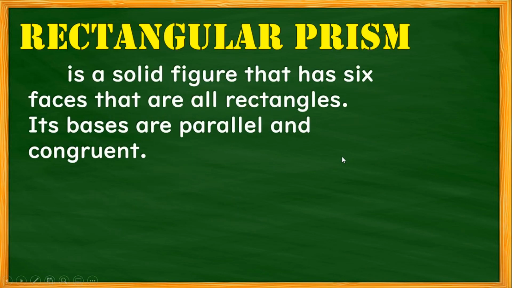So now let's define the rectangular prism. A rectangular prism has 6 faces that are all rectangles. Its bases are parallel and congruent.